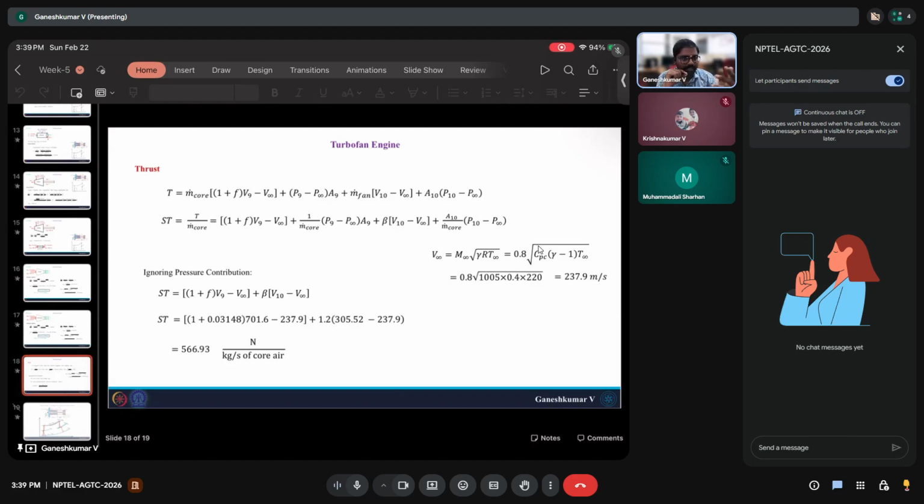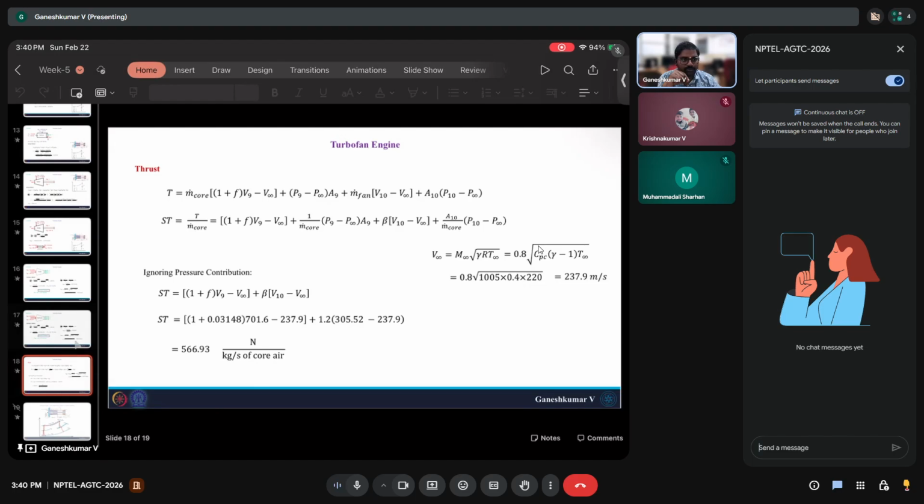So maybe in your assignment questions, if they ask you to express the specific thrust in terms of kilogram per second of air, then you cannot use this number. You have to divide it by the entire mass flow rate. If they ask you to write it in terms of kilogram per second of core air, you have to express it appropriately.